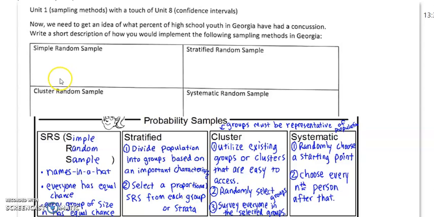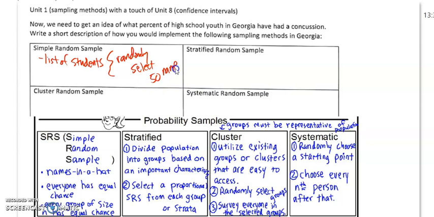Well, so we're talking about everybody, high school youth in Georgia. Let's pretend we magically have some list to work from. So we've got a list of student names, and basically we are going to put all those names on a computer spreadsheet or some kind of database, and we're going to tell the computer to randomly select 50 names.